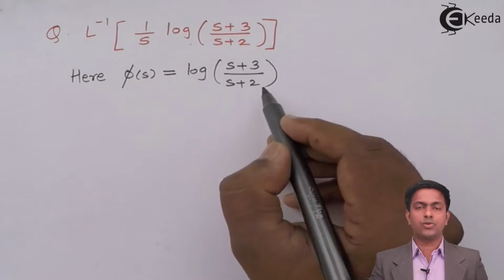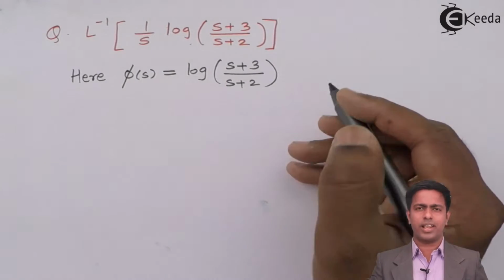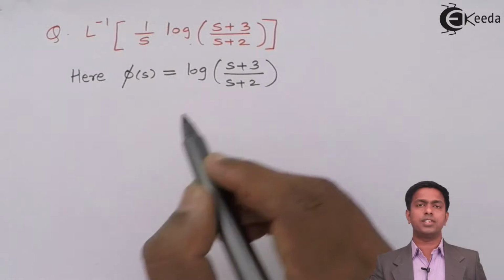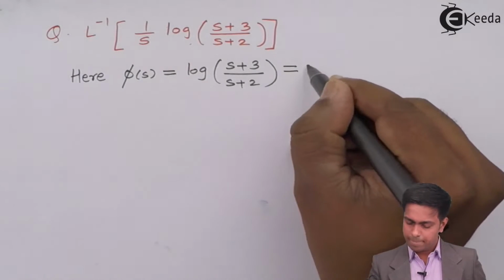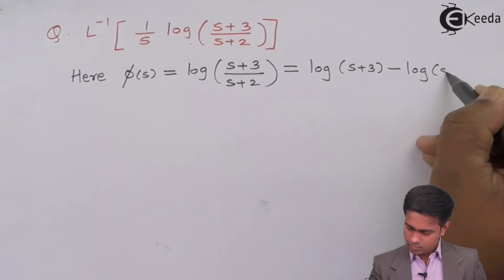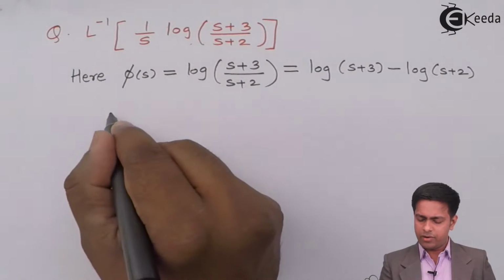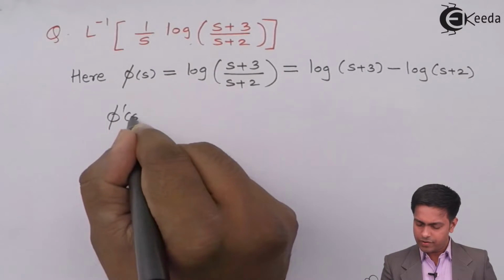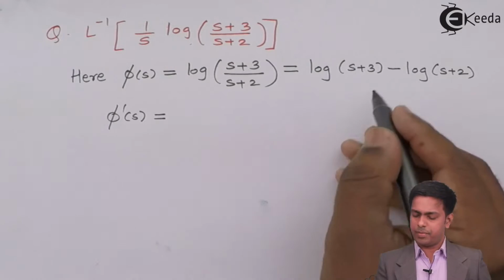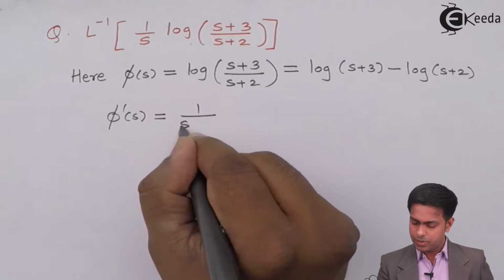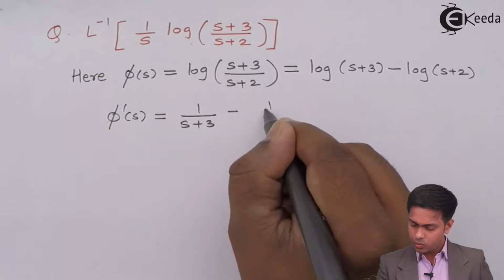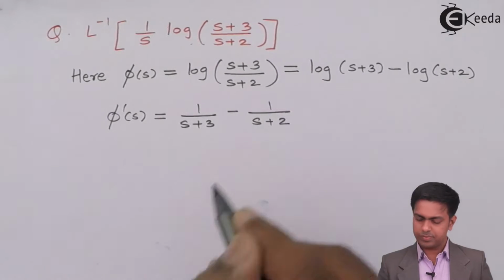So here I'll use the property of logarithm, which is log of a upon b is log a minus log b. Now let's find the derivative. So the derivative of phi of s is phi dash of s, which is given by 1 upon (s plus 3) minus 1 upon (s plus 2).